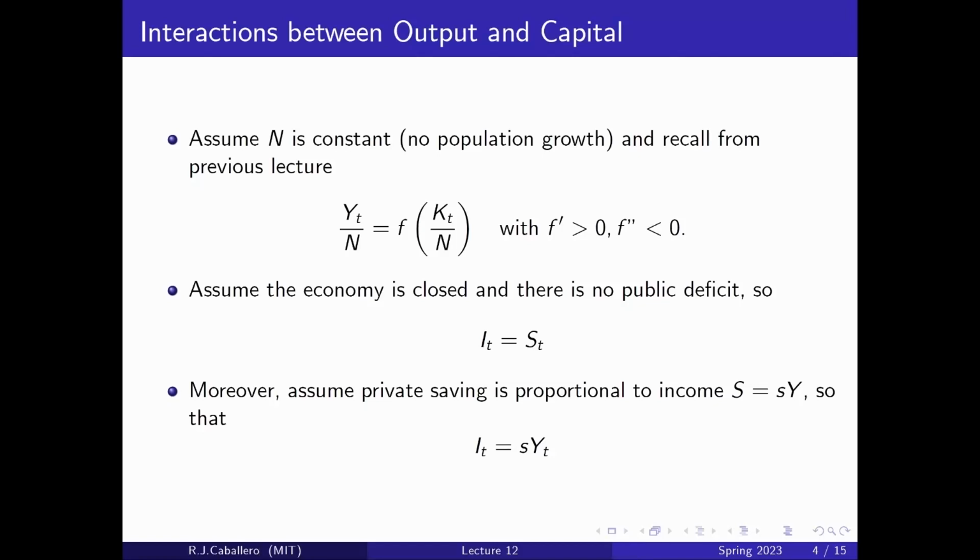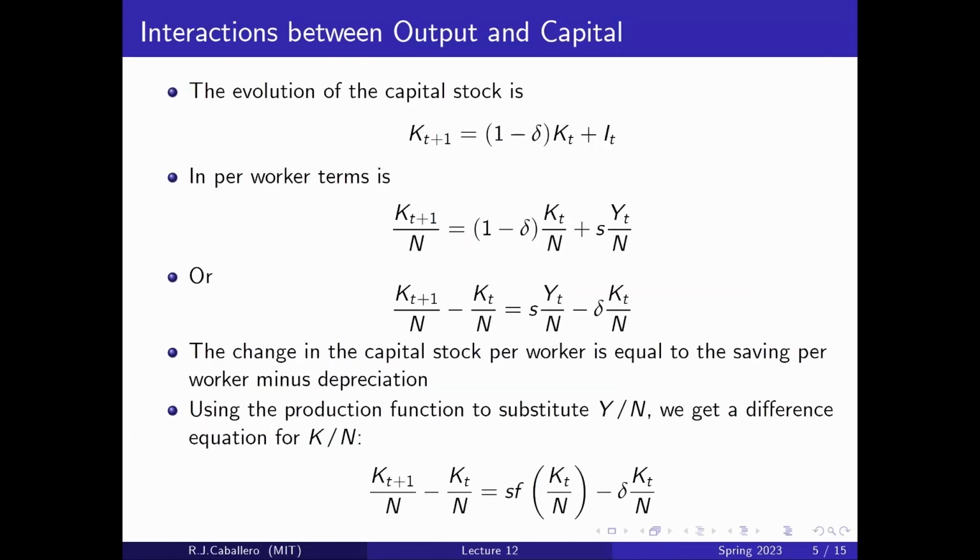And so we can write investment in equilibrium. Investment has to be equal to saving. Saving is proportional to output, so we get that investment in this economy is increasing in output. This is a constant somewhere between 0 and 1. Okay? And the last key equation here is the capital accumulation equation. It says that capital at T plus 1 is equal to capital today minus the depreciation, a fraction of the machines break down in every period, but plus the new investment, I_T.